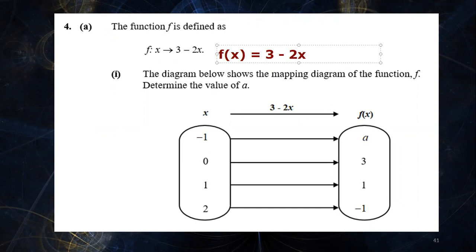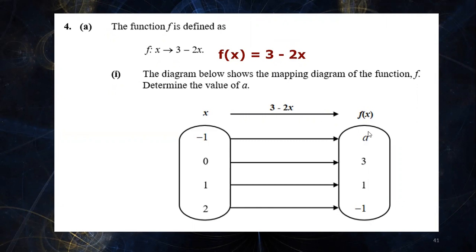These two are exactly the same, so don't be confused at all. f of x is equal to 3 minus 2x is the same as saying f is such that x maps onto 3 minus 2x. So if that is so, then the diagram below is a mapping diagram of this function, f. Determine the value of a.